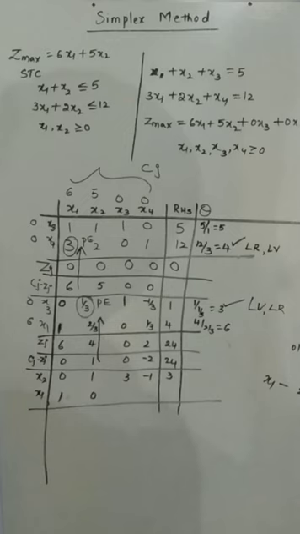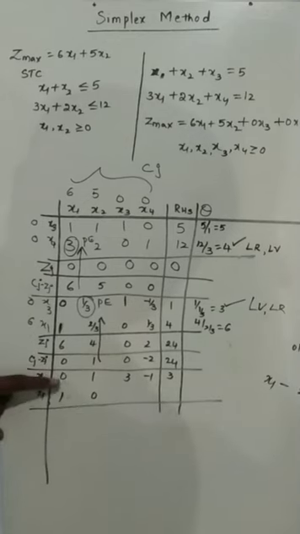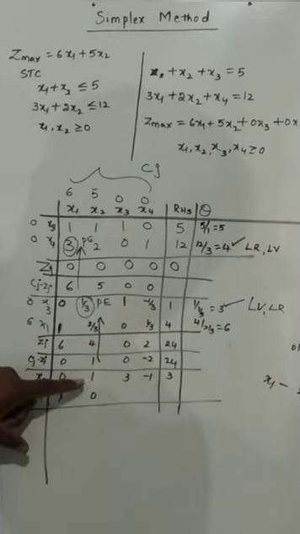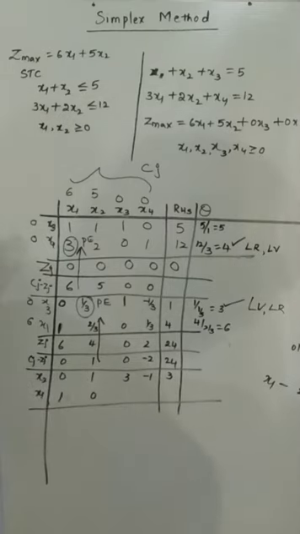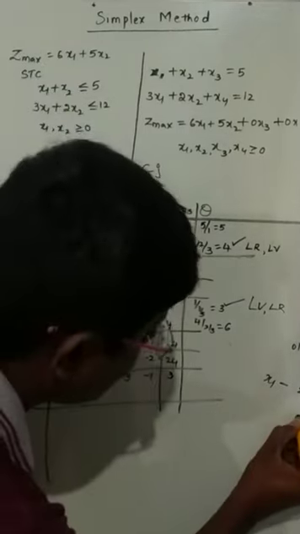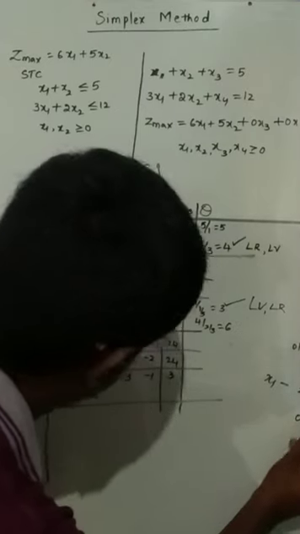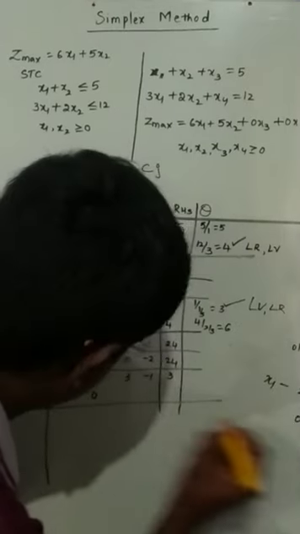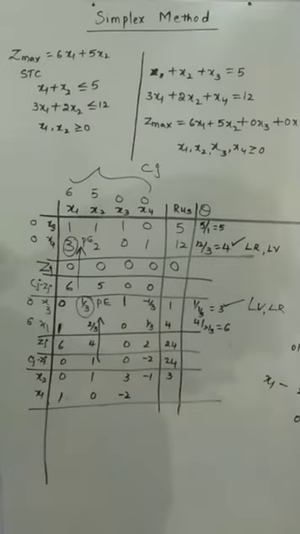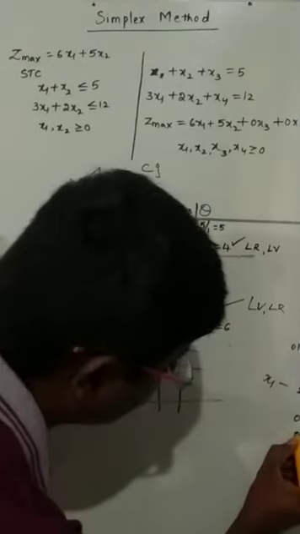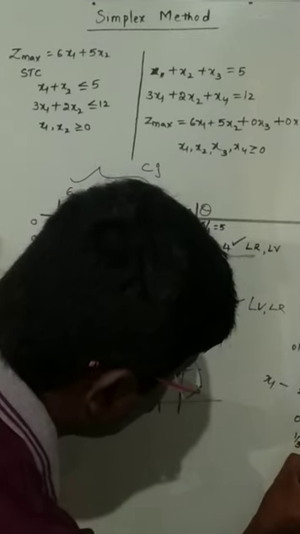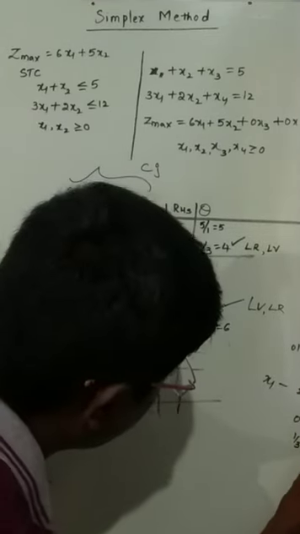If I do like that, you are getting 1 minus 2 by 3 into 0, 1. 2 by 3 minus 2 by 3 into 1 is 0. Actually this will be 0 minus 2 by 3 into 3. This will be minus 2. And also, 1 by 3 minus 2 by 3 into minus 1.